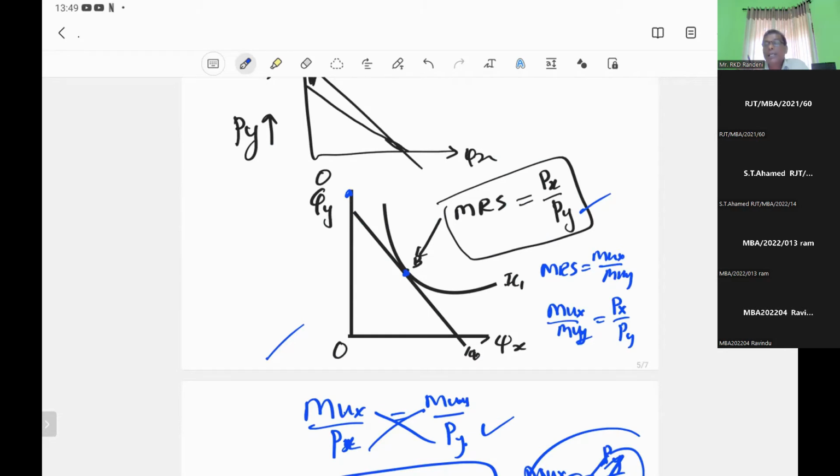According to point B, the slope of both the indifference curve and the budget line are equal. That is the tangent point. The slope of the indifference curve means MRS. The slope of the budget line means the price ratio of the two commodities. At the consumer equilibrium point for the indifference curve analysis, this is the condition that should be satisfied.